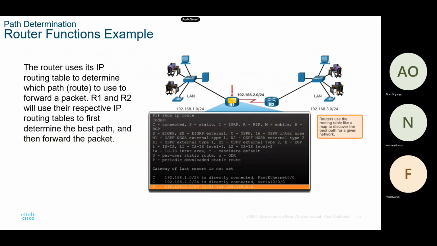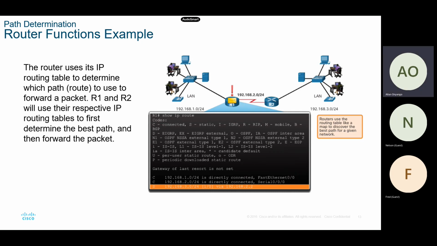And so the routing table is basically used by the router to store routes, or we could call them directions. So for example, a router in its routing table normally stores the routes to reach different networks.